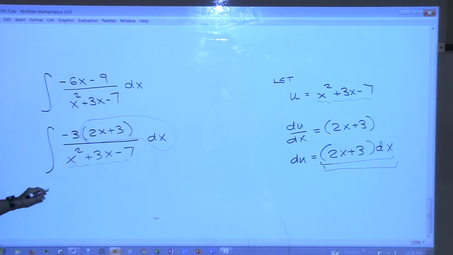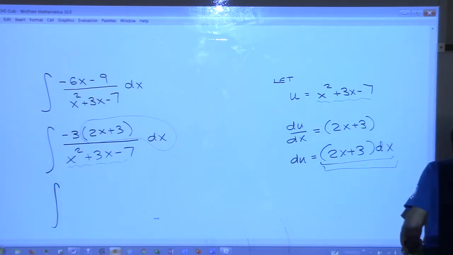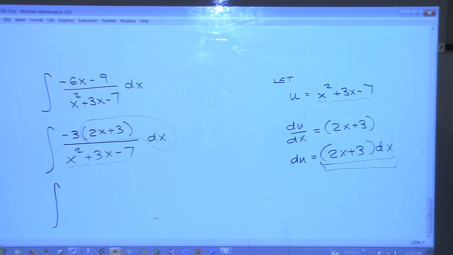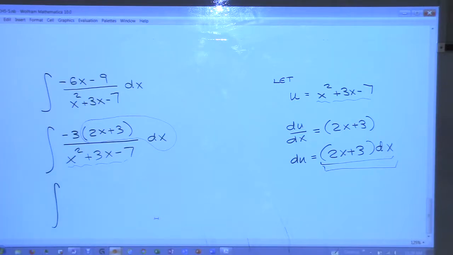So if I rewrite this integral now, Jace, you're up. How is that integral rewritten then, in terms of u? 1 over u. Okay. What about this?